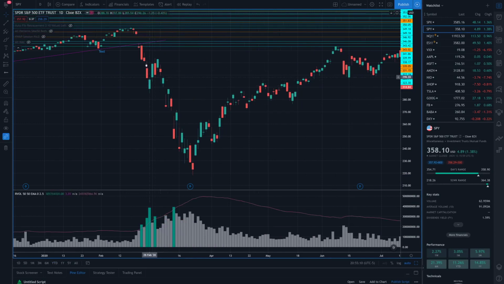And so after that, we converted to a downtrend. Over the course of late February to March, it was a clear downtrend as the market crashed, you know.